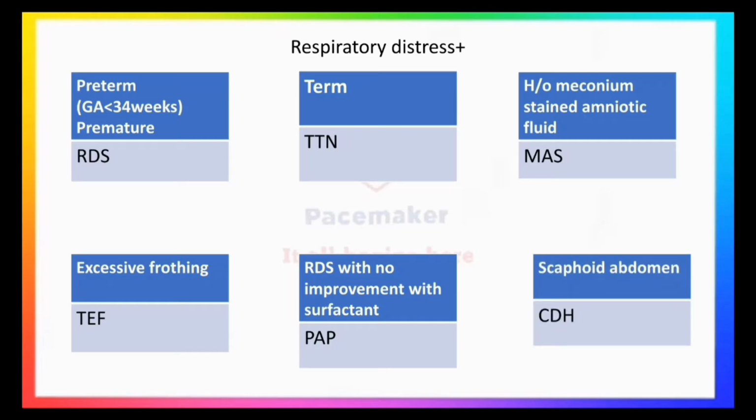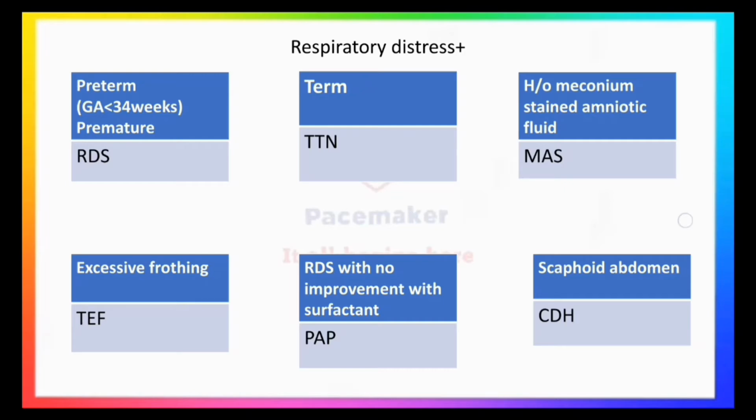Or if the patient has respiratory distress along with a scaphoid abdomen, then you have to suspect congenital diaphragmatic hernia. So this is how you have to approach respiratory distress in a newborn. There are so many conditions apart from these six that I have mentioned here, but these six are very important, and we are going to discuss these six conditions.